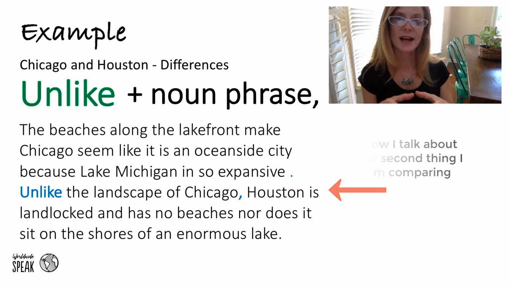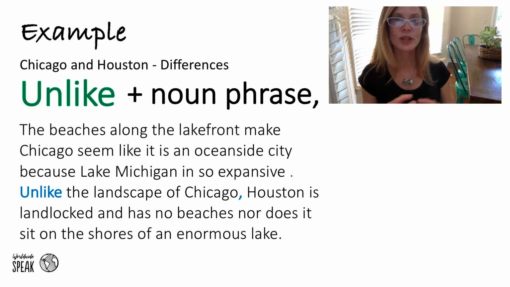Houston is landlocked. There's no ocean or beach or lake. There's no large body of water around it or next to it. And it doesn't have a shoreline. It has the bayous that go through it, but it doesn't have beaches or a shoreline.